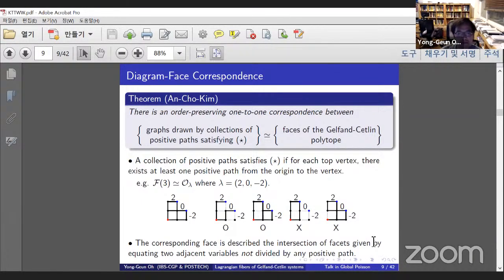So this condition star is written here: for each top vertex, there exists at least one positive path from the origin to the vertex. For example, if you look at this first one, there is a positive path from red to each blue one, so this corresponds to a face of this polytope. The second one also has that property, with one positive path to each.